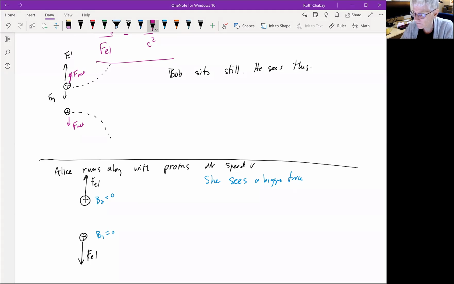So Alice measures the time until the protons hit the floor and ceiling, and she gets 15 nanoseconds.